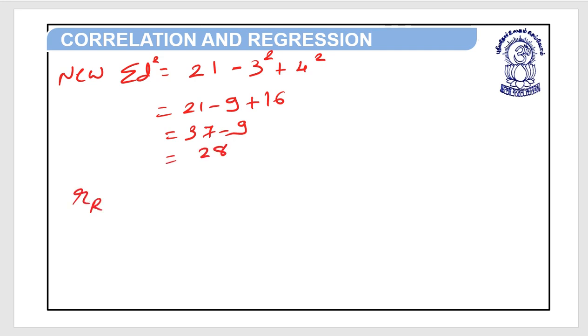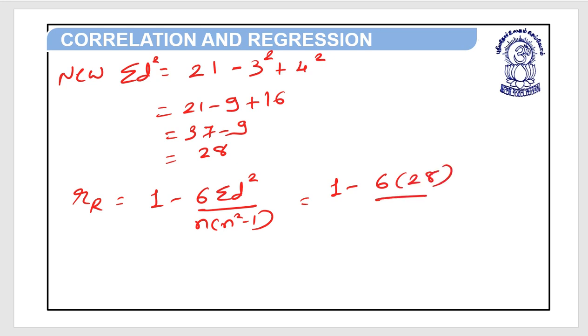So new RR becomes 1 minus 6 sigma d square upon n into n square minus 1. So 1 minus 6 into 28, n remains as it is, 6 into 6 square minus 1, 6 6 cancel. 1 minus 28 by 35.